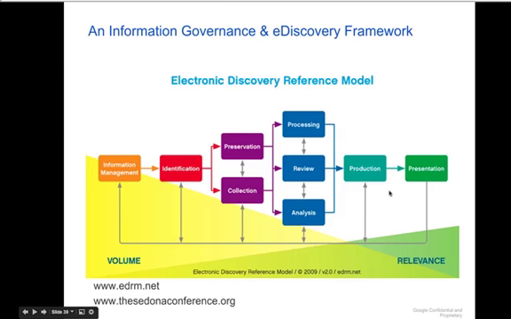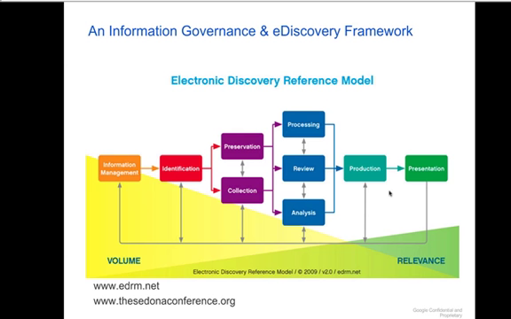There is in fact an industry model for records preservation which might help illustrate where Google Vault fits with respect to how records are retained and processed. This model, which is generally referred to as the EDRM model, essentially contrasts volume versus relevance.